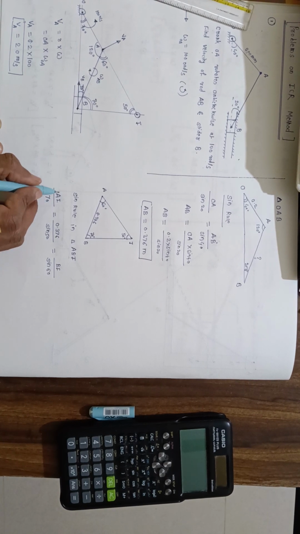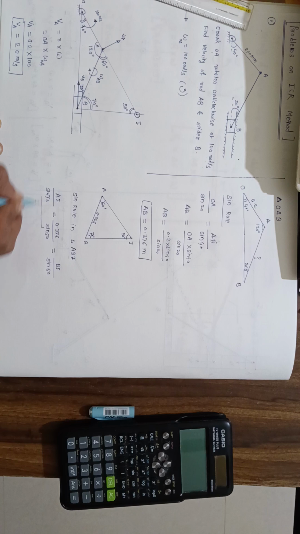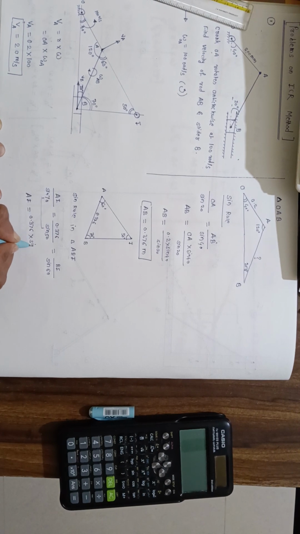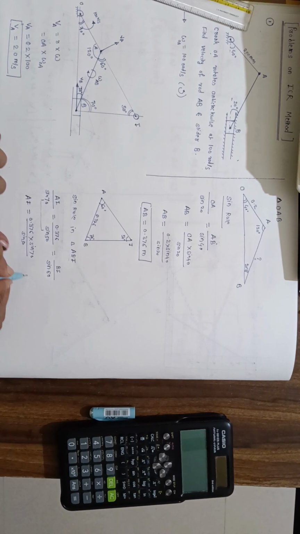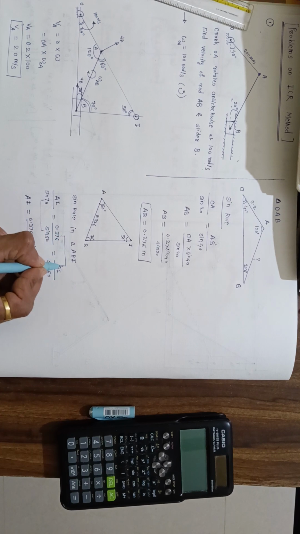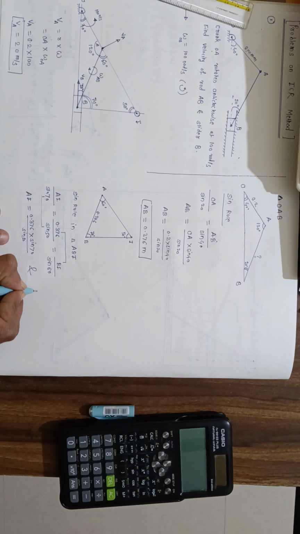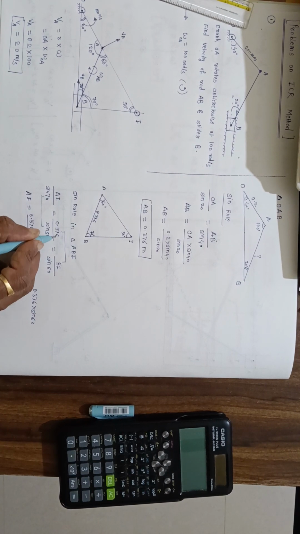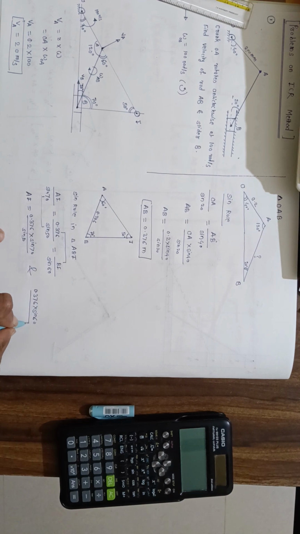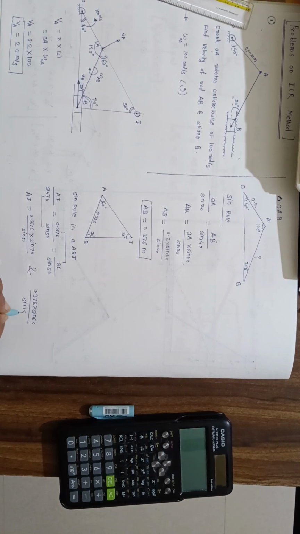Now consider the first two terms, do the cross multiplication, and find distance AI. So AI is 0.376 into sine 70 divided by sine 50. Now consider these other two terms. From that BI is equal to 0.376 into sine 60 divided by sine 50.